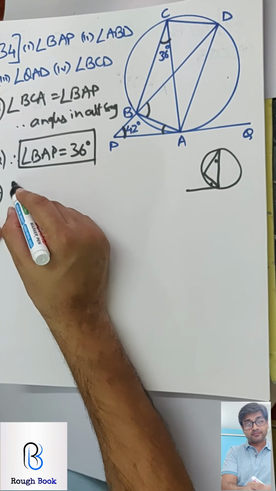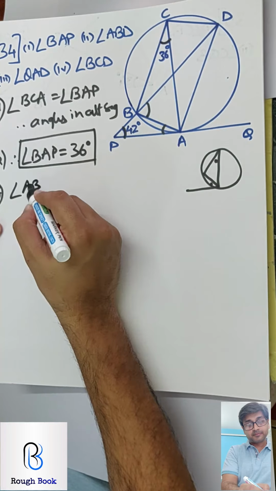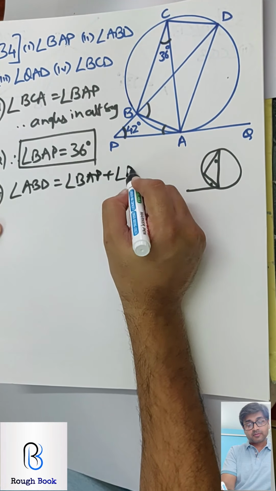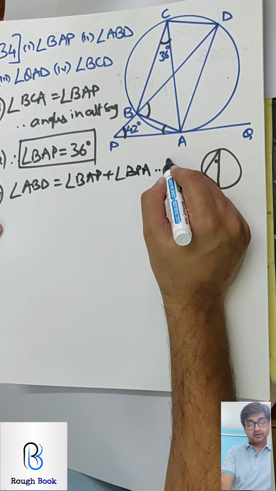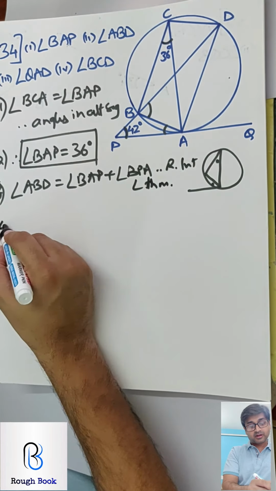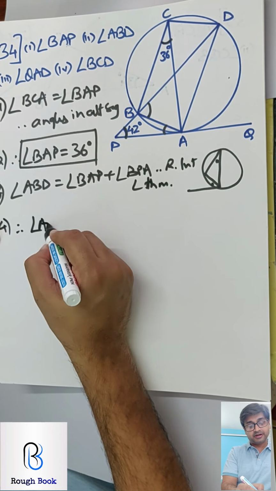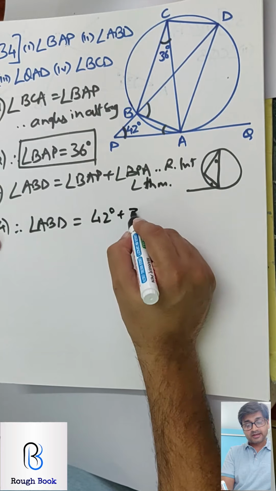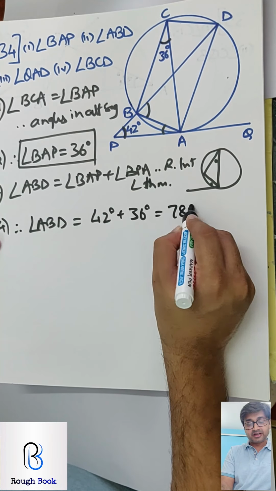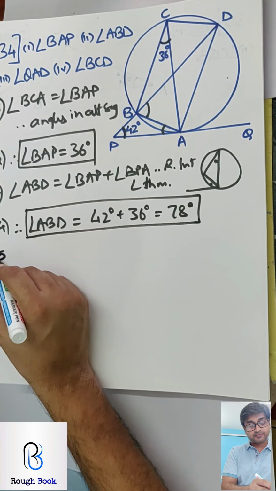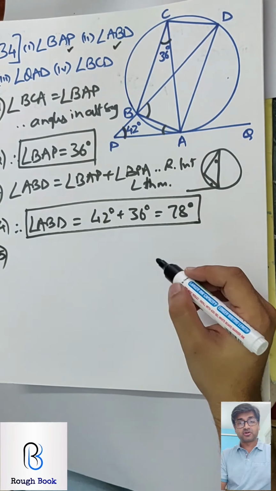Now for the next one, angle ABD is equal to BAP plus BPA, remote interior angle theorem, and therefore angle ABD will be 42 plus 36, 78. So we managed to get the second part as well. First and second sorted.